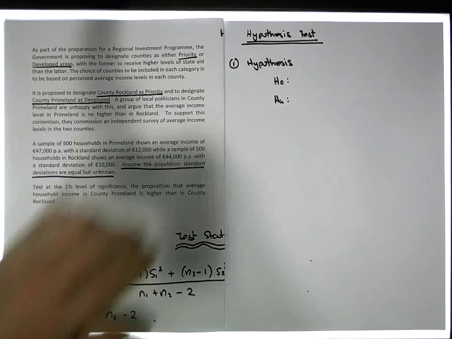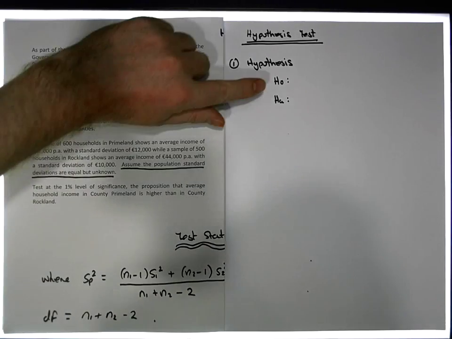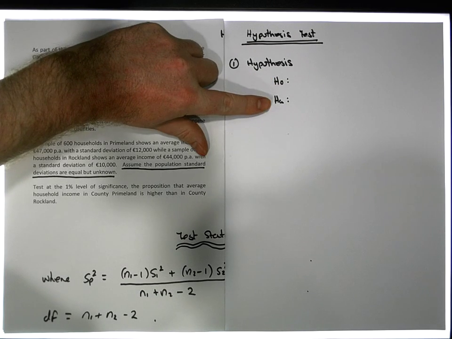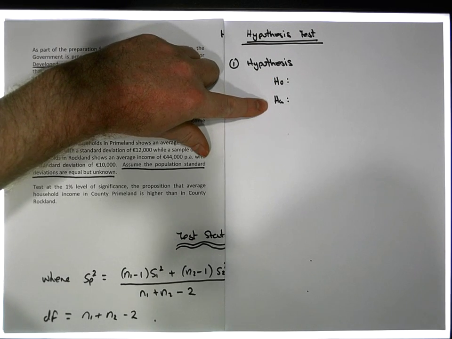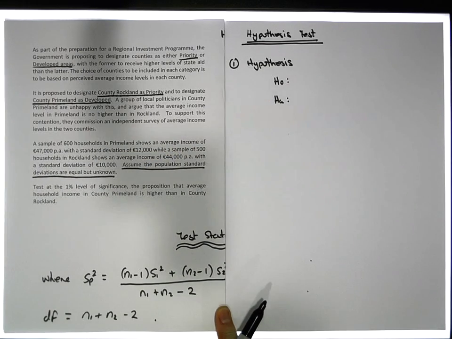And don't forget, anytime we do a hypothesis test, the only time we can make an inference is when we reject H0 in favor of HA. So what we want to try to prove always has to be our alternative hypothesis.